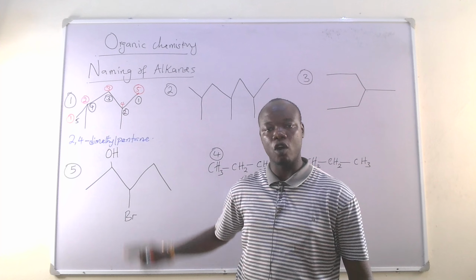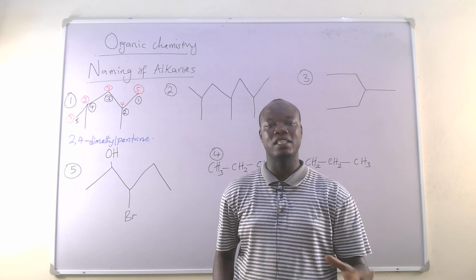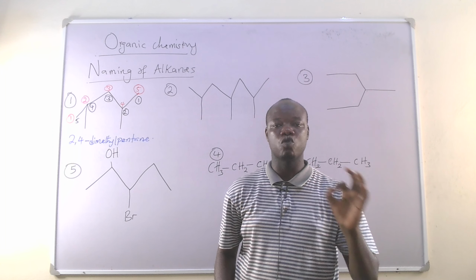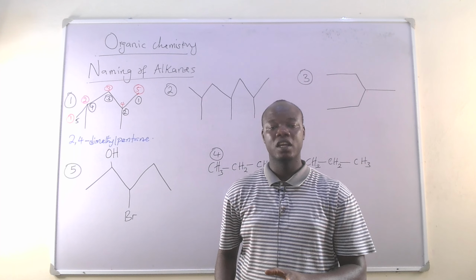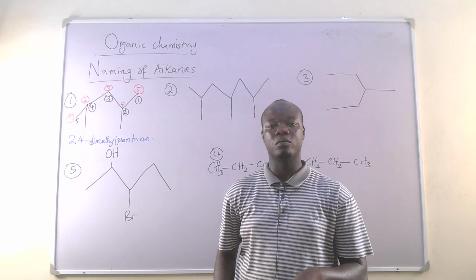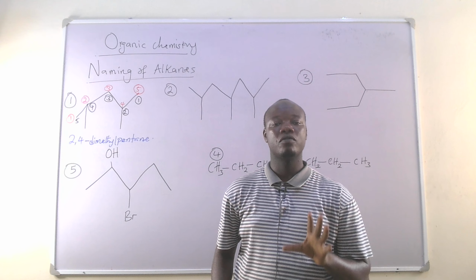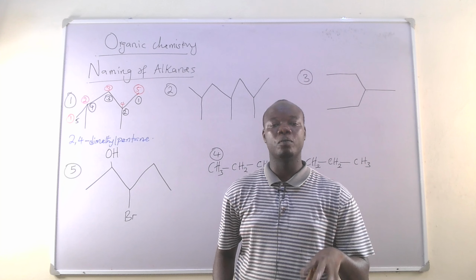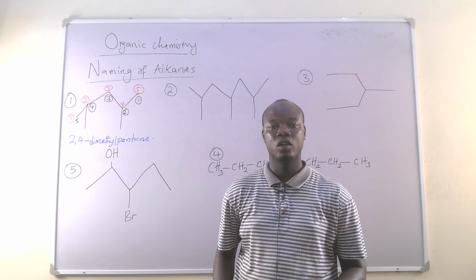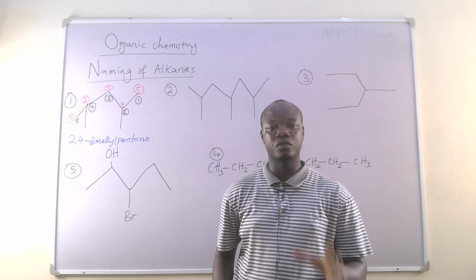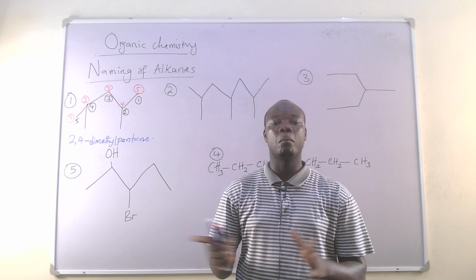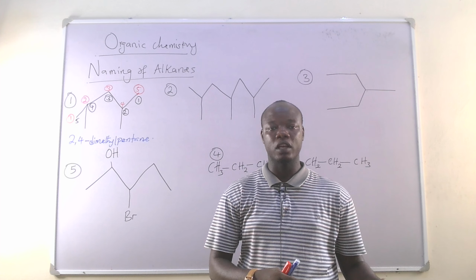But in the case of this compound, if you start from left to right it gives us 5, and if you start from right to left it gives us the same 5. The position of the substituent remains the same: at carbon 2 and 4 we have methyl in both directions of numbering.